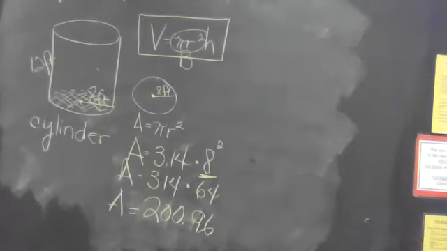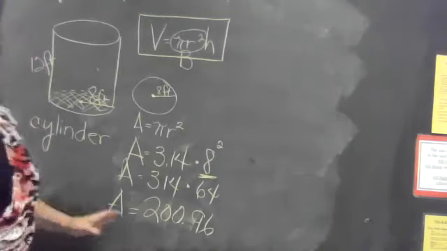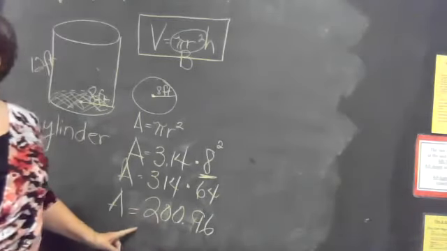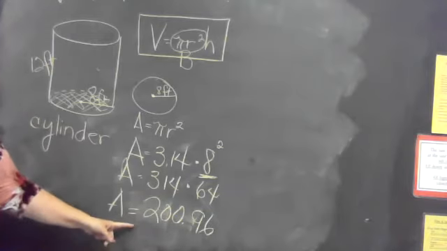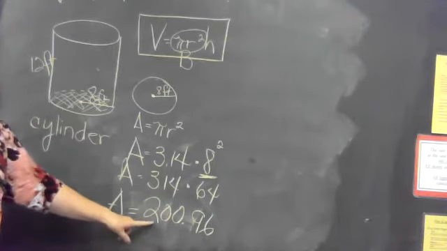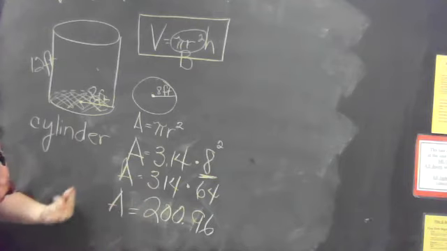Okay, so notice that, now I'm going to warn you, because what we did is just find the area of the base. On the test, they'll probably put this as one of the answers to see if you know how to finish this problem.